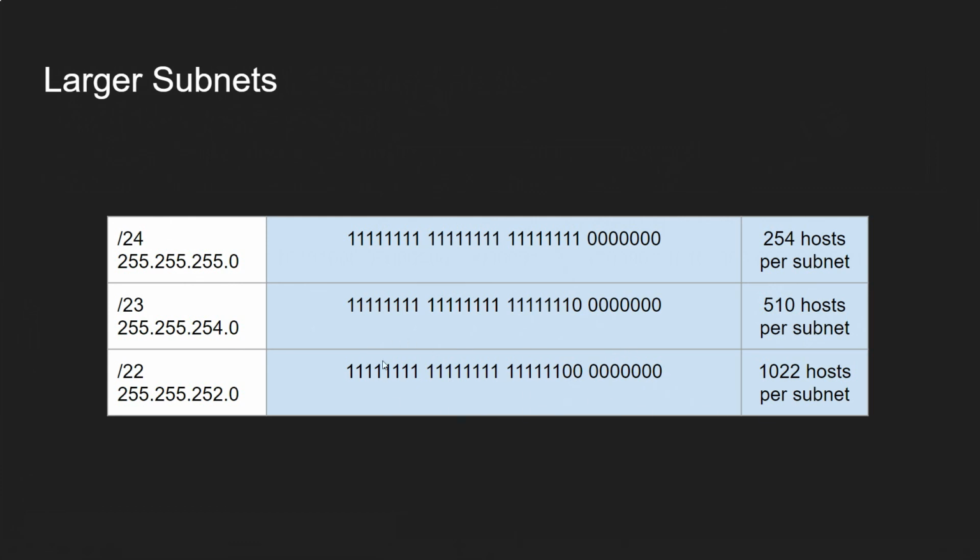Depending on the IP address that you're using, they have done it up to over 1,000 IP addresses per subnet, which is quite large.